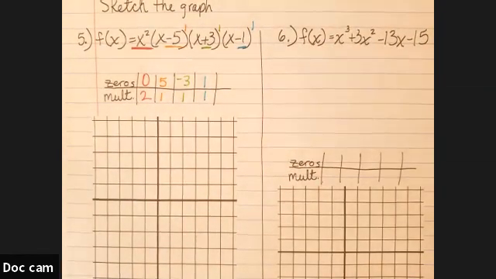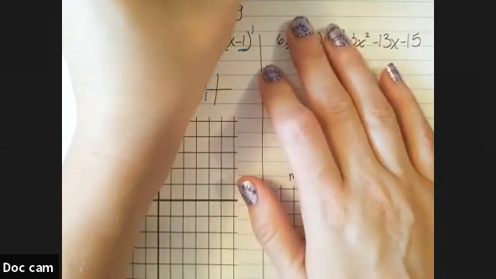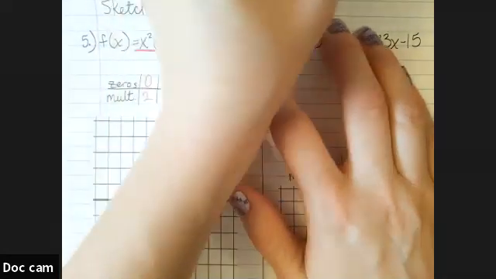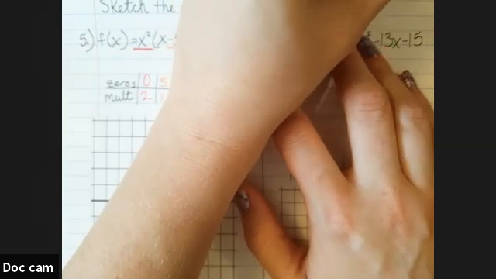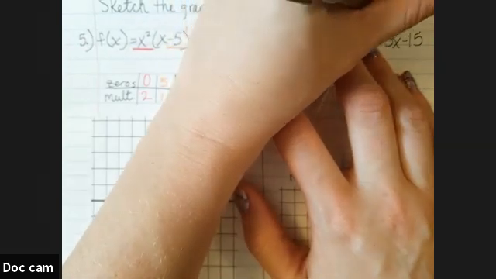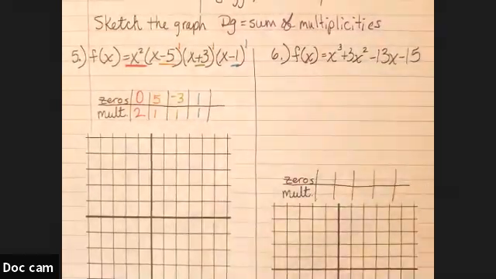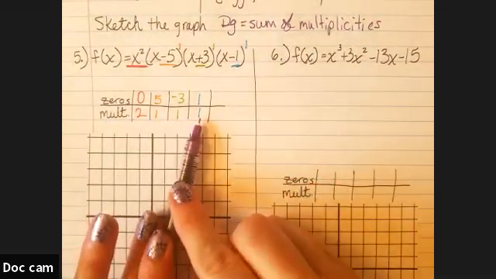All right, here's another little trick that you need to know. The degree is equal to the sum of the multiplicities, meaning if I add these together, that will equal my degree.